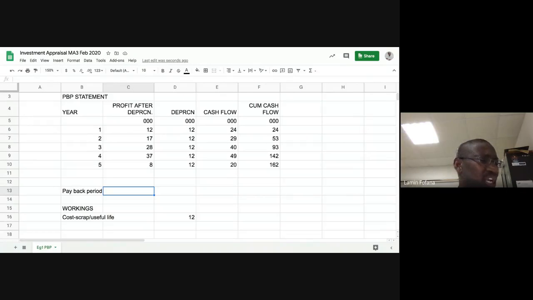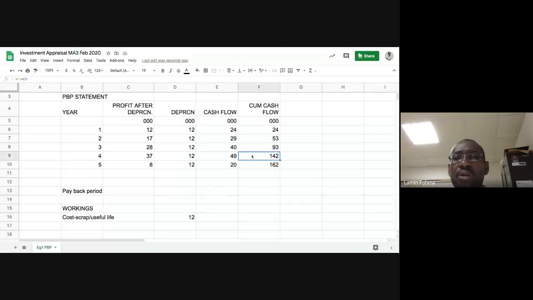What is our initial outlay in this question? 120,000 is our initial outlay. My first question is, which year are we going to recoup this 120,000? Year 4. Very good.